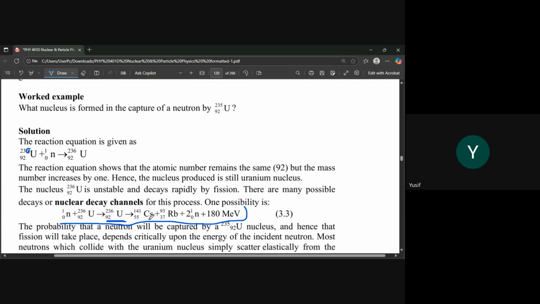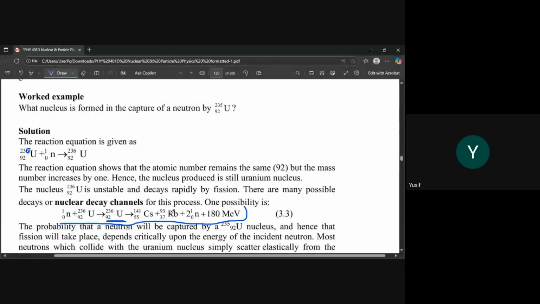These are the daughter nuclei that are being produced. I hope it's clear. But in some cases, what I know sometimes you'll be confused about is, if they don't give you the type of daughter nuclei that you want, how will you find out that these are the products that you are going to get?